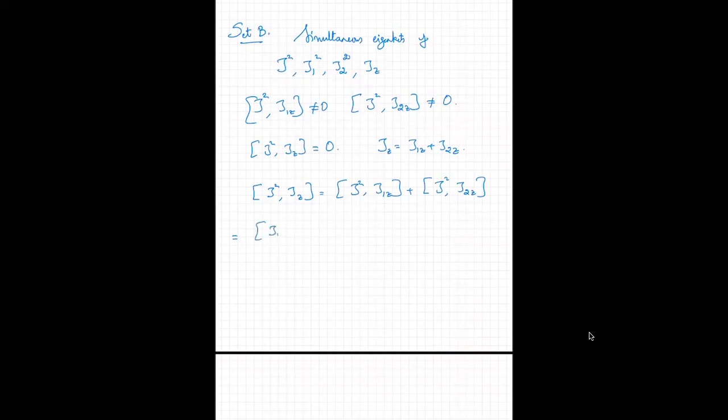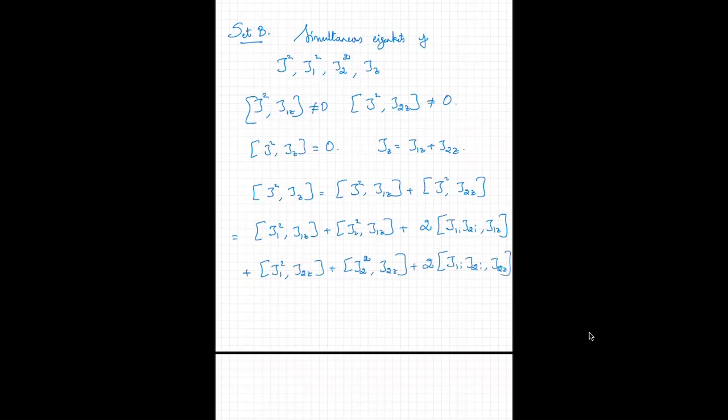So this is the commutator of J1 square with J1z, plus J2 square with J1z, plus 2 J1i J2i with J1z, plus J1 square with J2z, plus J2 square with J2z, plus 2 J1i J2i with J2z. Okay, as we have already figured out, this is 0, this is 0, this is 0, and this is 0.